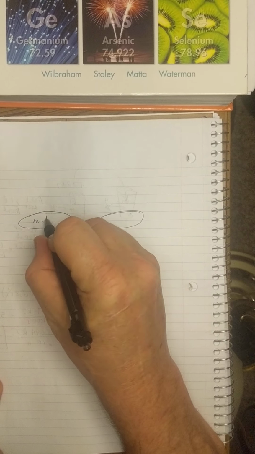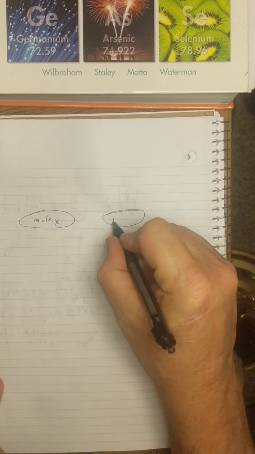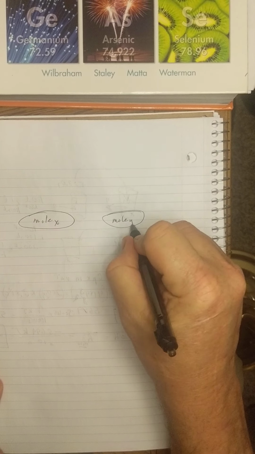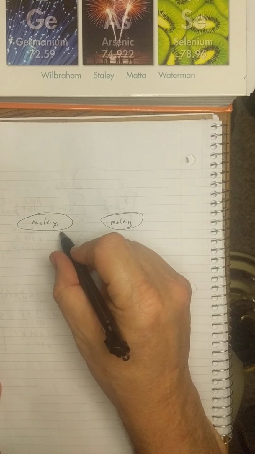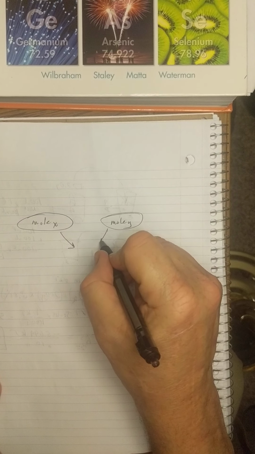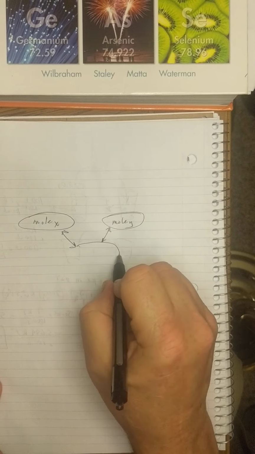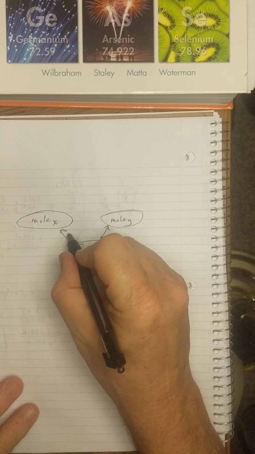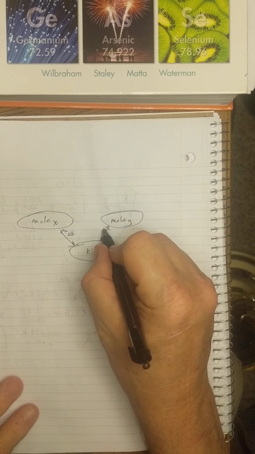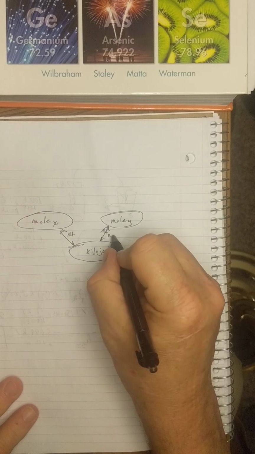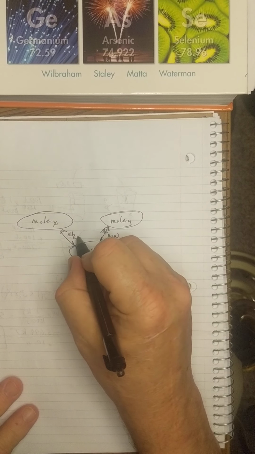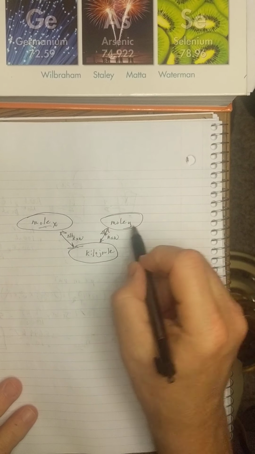So if I go from moles of reactant X to moles of reactant Y, there's a box down here that we did not get to before we left on COVID-19. This is kilojoules. So this conversion is your delta H of your reaction, and it depends which reaction you're starting at.